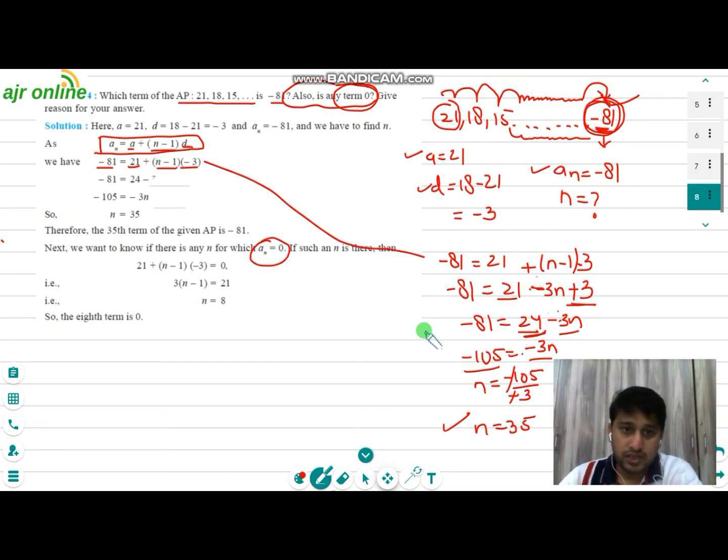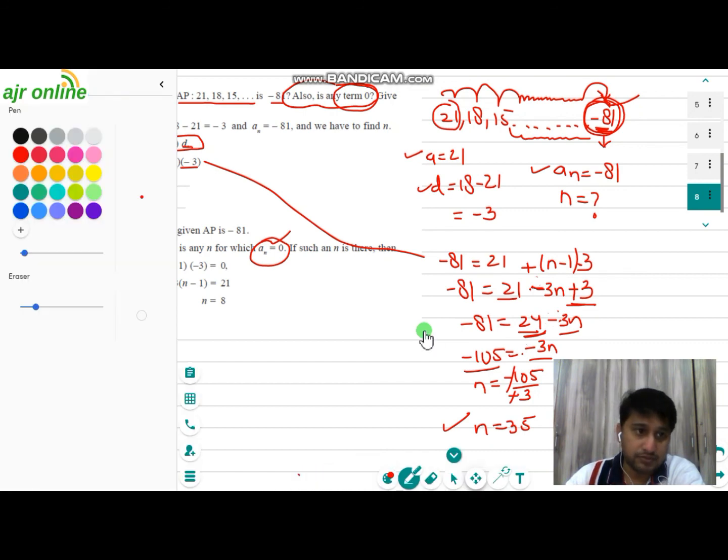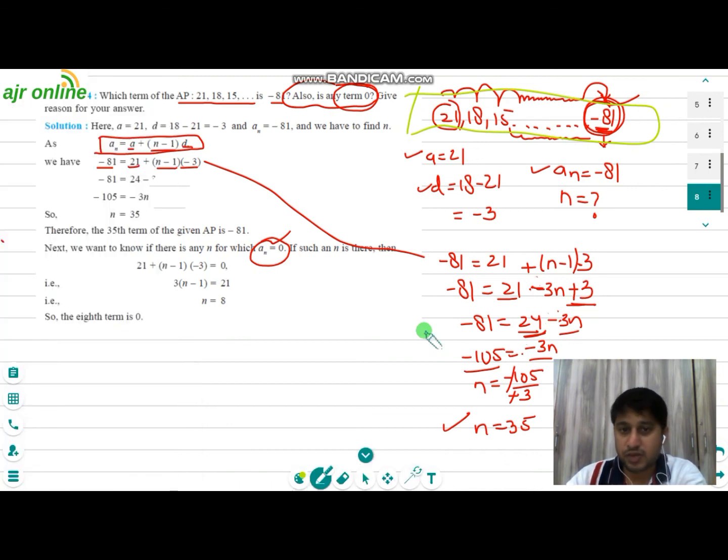Always remember, this is a very important question also: if the value of any term, an, is given and it is asking tell me if this term is coming in this AP or not. Here it is asked, tell me if 0 is coming or not. So you will do nothing, you will take this term as an. You know a is 21, d is minus 3, and an you have taken 0, just put it in and take out n.